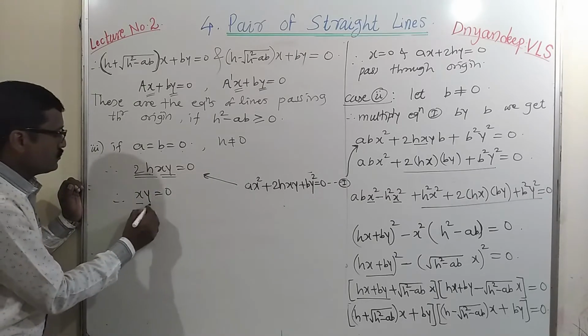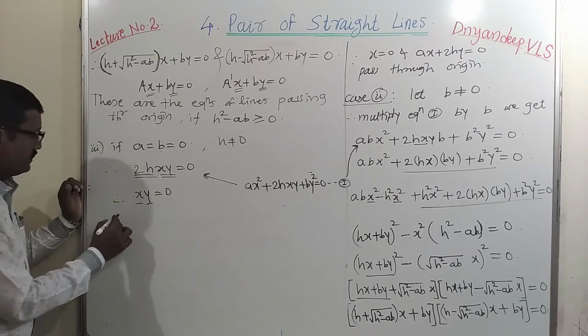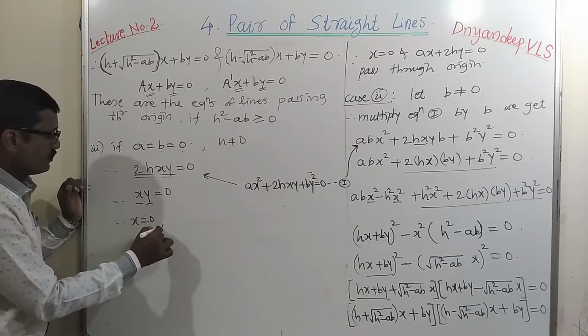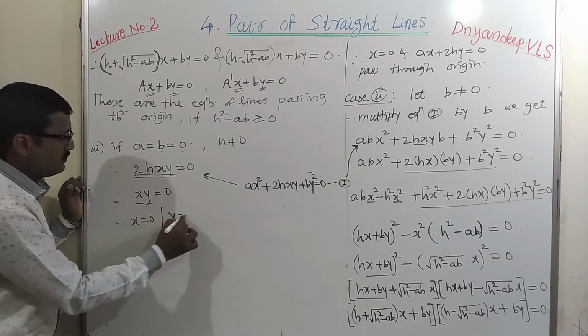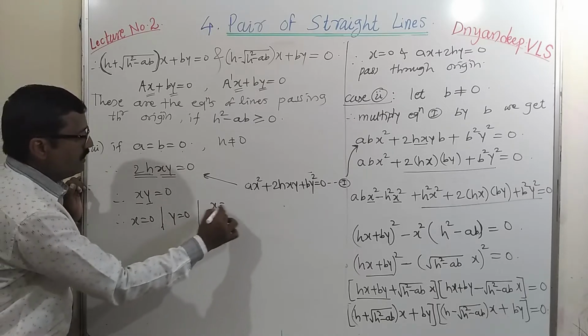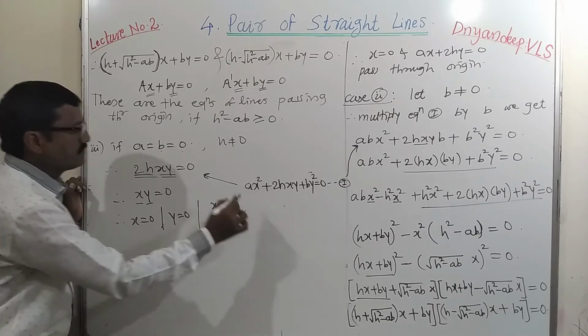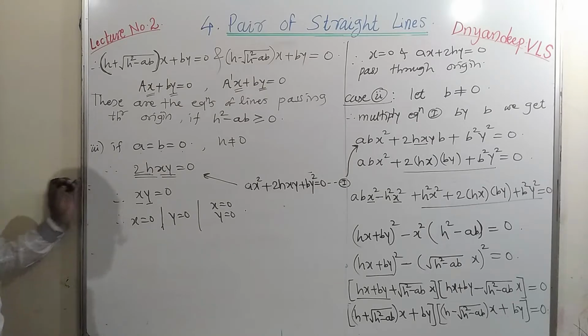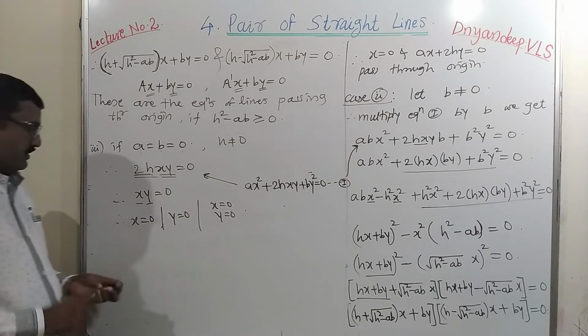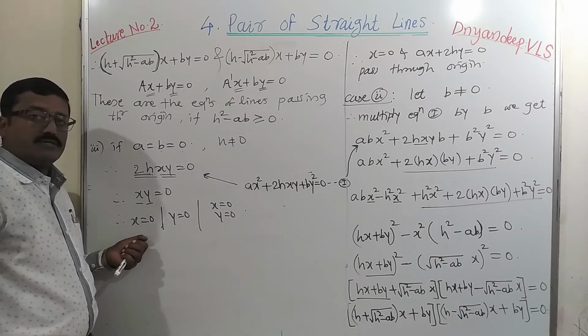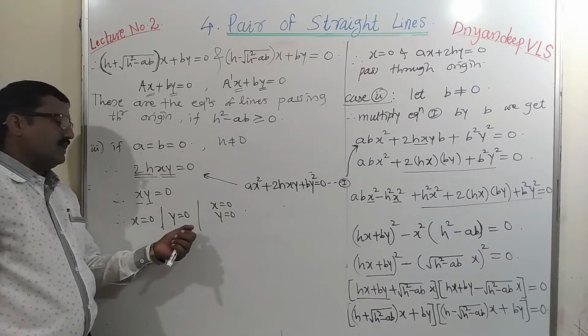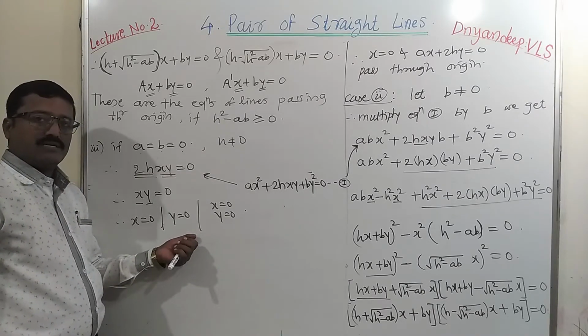Again the product of these two numbers is 0. Obviously it implies x equal to 0 or y equal to 0 or both are 0. That is the algebraic meaning. So when x equal to 0, it is nothing but the y-axis. Y equal to 0 is nothing but the x-axis.